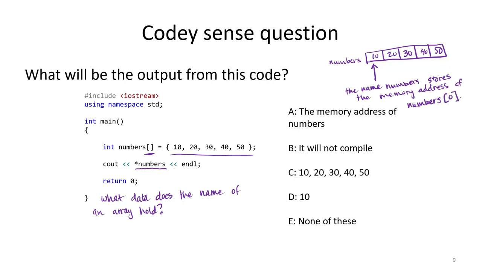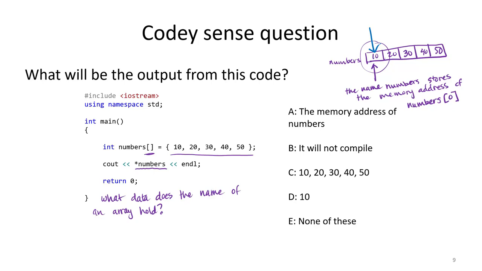So in this case, the name numbers stores the memory address where this number 10, or numbers element 0, is located. Well, wait a minute. A variable that stores a memory address is a pointer. So in this case, the name numbers is a pointer which actually points to numbers element 0.